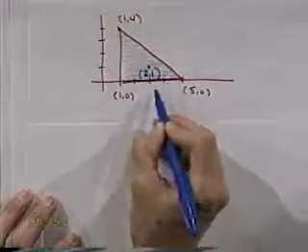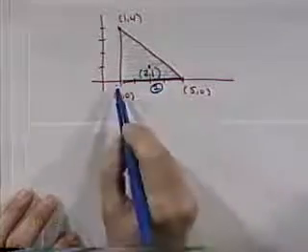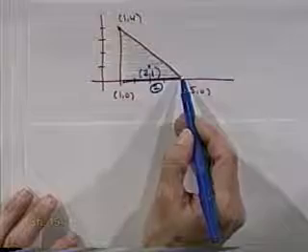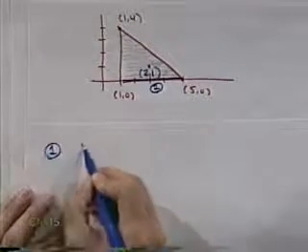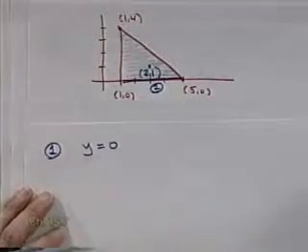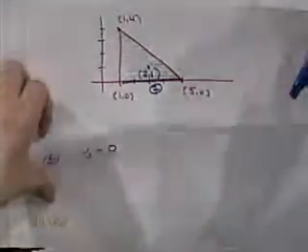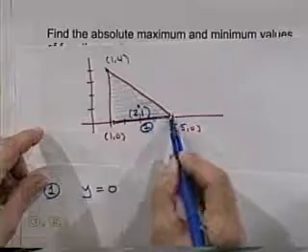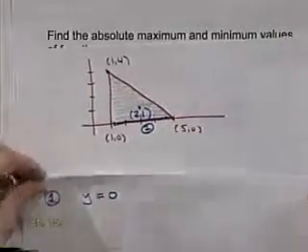Let's take border 1. Can anybody give me an equation for border 1? Well, that's all the points on the x-axis. Points on the x-axis have y equal to 0. So what we do is we go back to the original equation. Everything along here has y equal to 0. The equation of that line is y equal to 0.